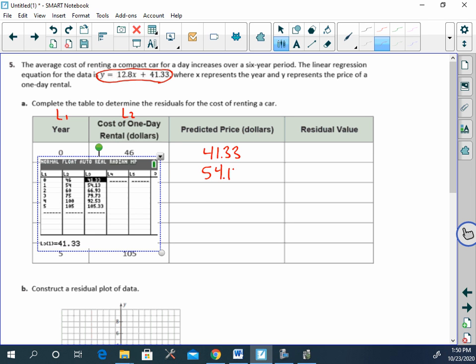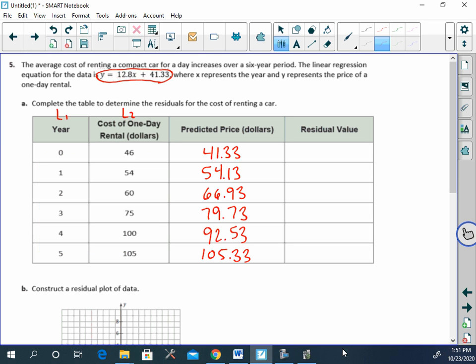And our 54.13 and so on, so go ahead and get those written down. Okay, so I've got that written down. Now I'm going to delete this. It's still in my calculator.